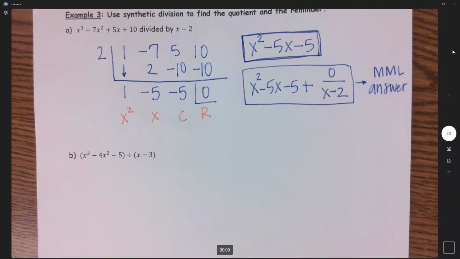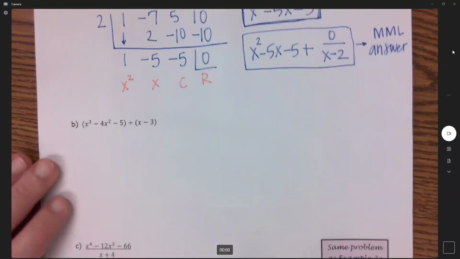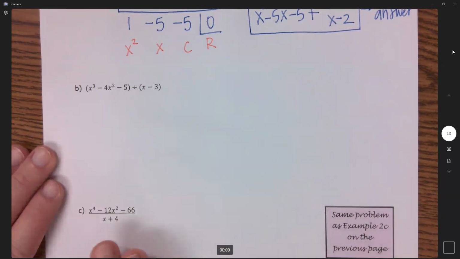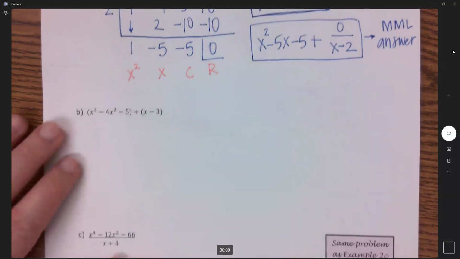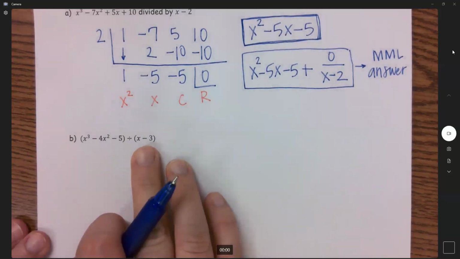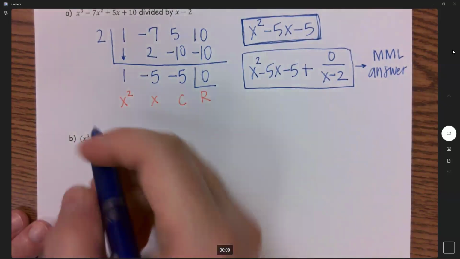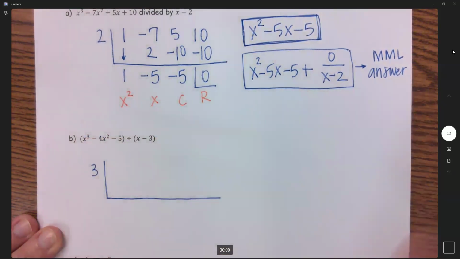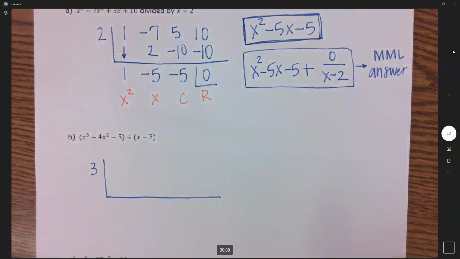Okay, so let's try again here. And then we're going to talk about C, and you're going to try C on your own. So another example. What goes on the outside? Well, if you set x minus 3 equal to 0, that's a 3. So that goes on the outside. And now I need my coefficients.